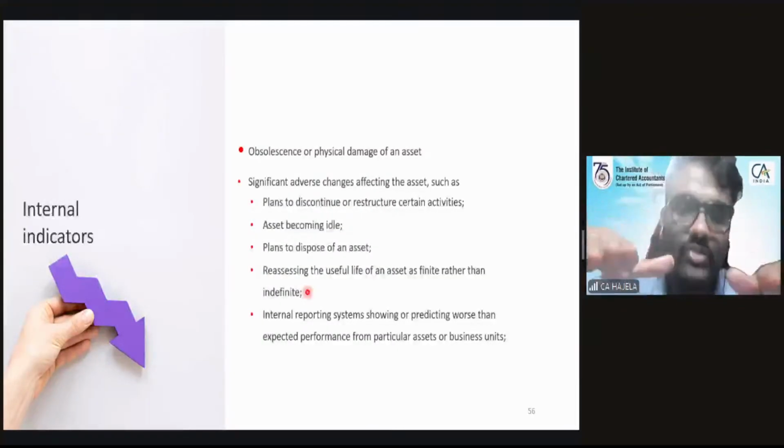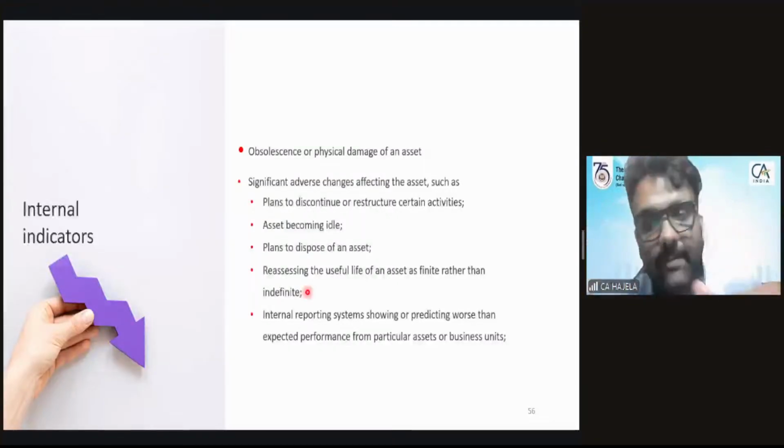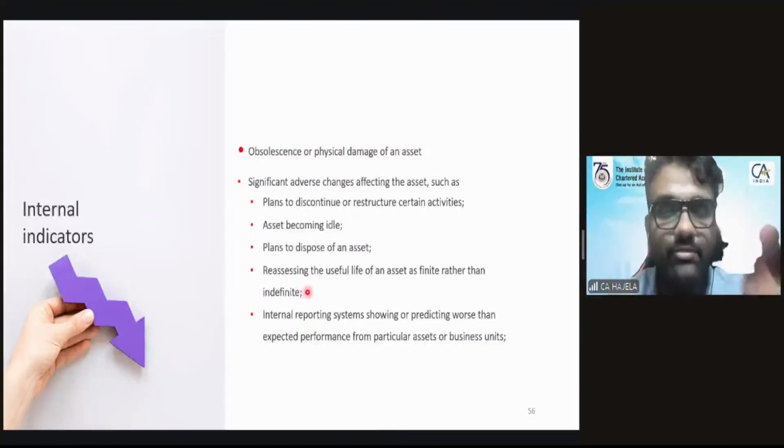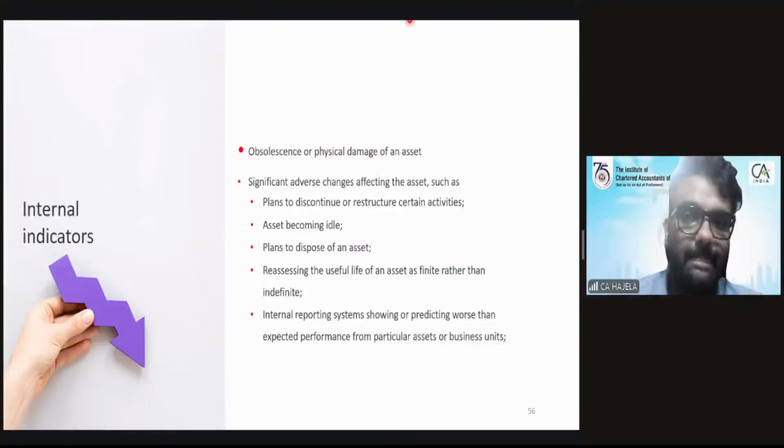But then they make a conscious call of directing entire sales just through app and website पे नहीं. आप उनकी website के link पे भी जाओगे तो they take you to the app download link. So that is where websites became an impaired asset from having an indefinite useful life to having a definite useful life of, let's say, 6 months or a year. Right? So these are all internal indicators of impairment.